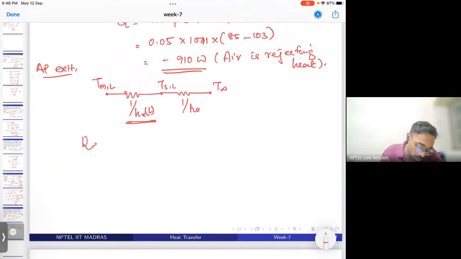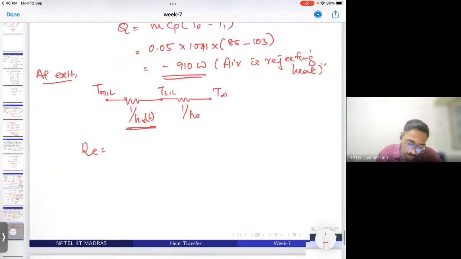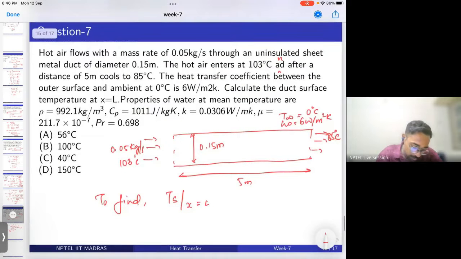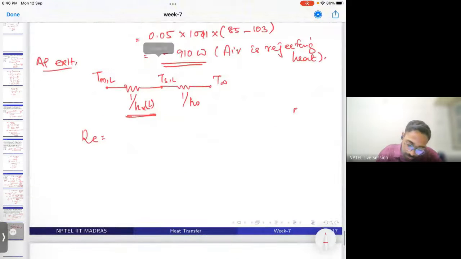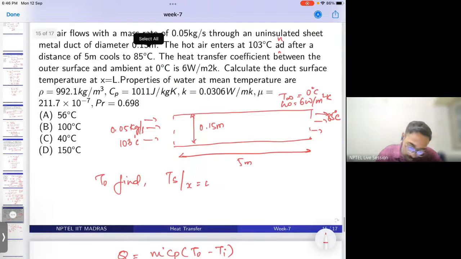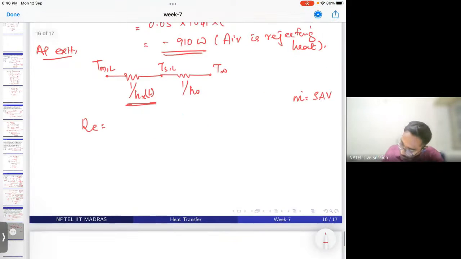First we need to find out the Reynolds number. Mass flow rate is given. This is rho A V. So we have the direct expression, right? m dot is equal to rho V pi by 4 d square.